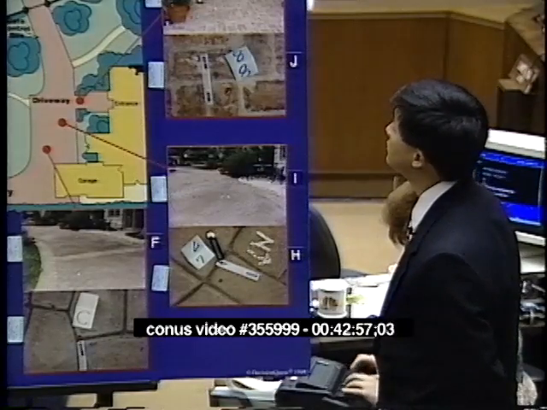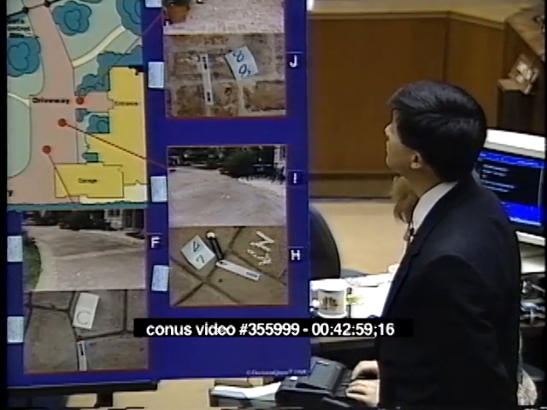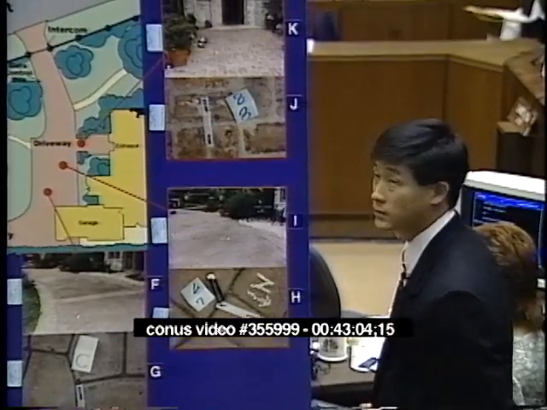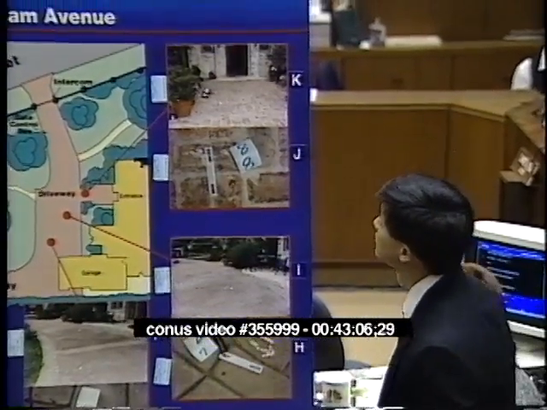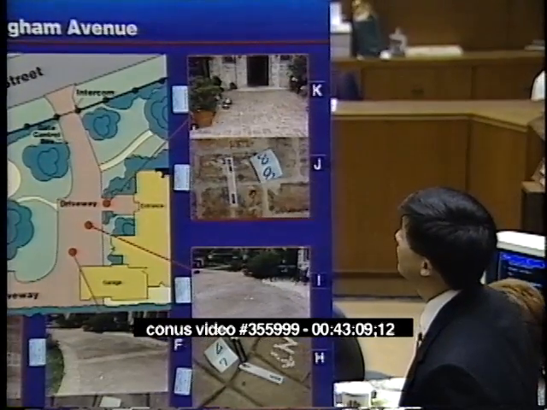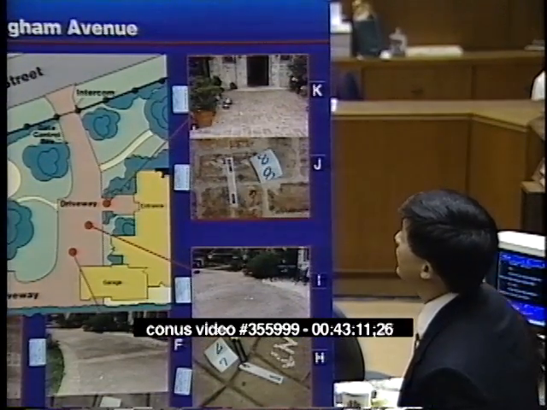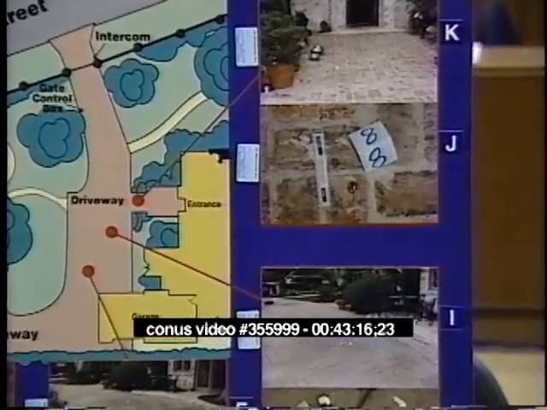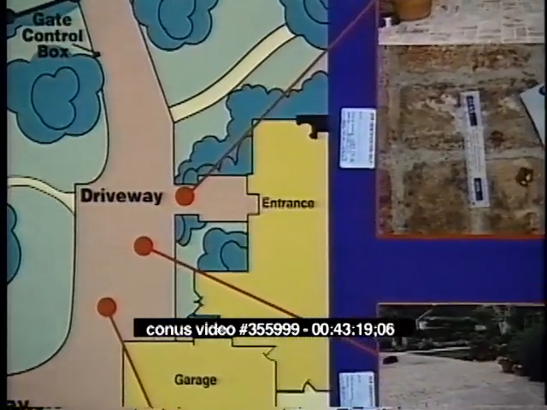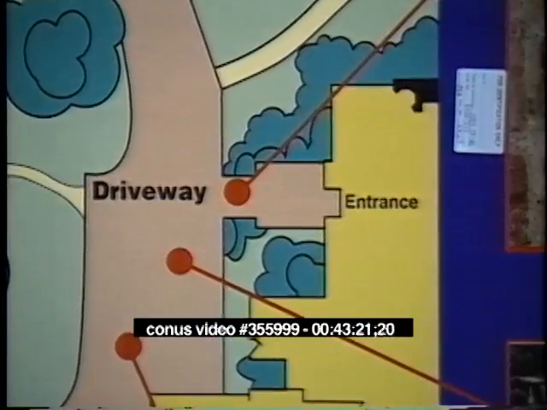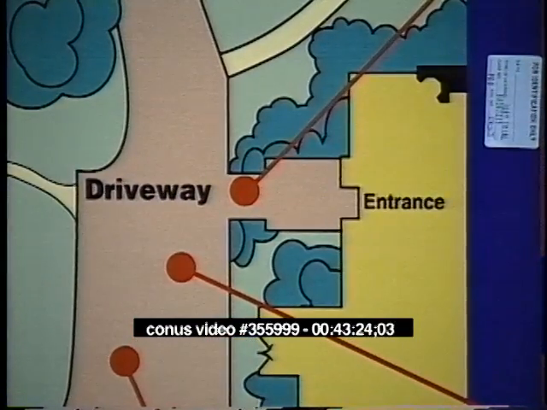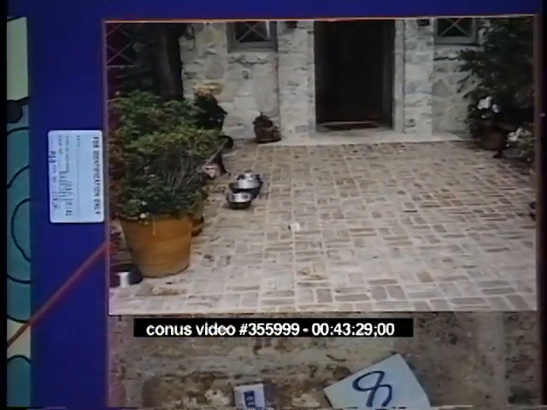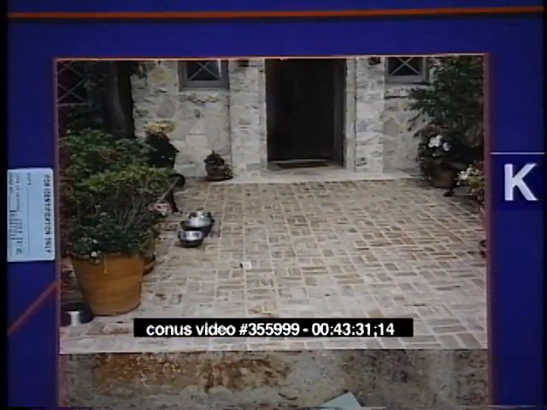And now directing your attention to photograph K. What does that depict? That depicts the location where number 8 was collected. Okay. And the call-out line on that? Yes. Okay. You can resume your seat.